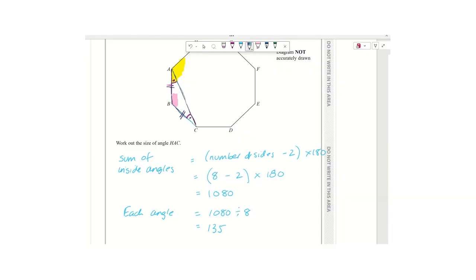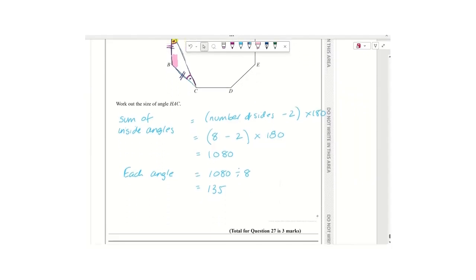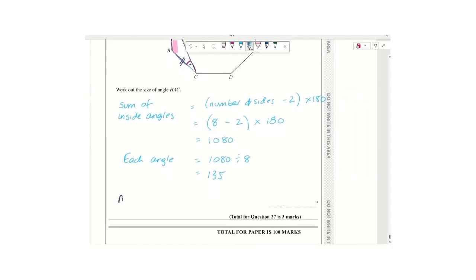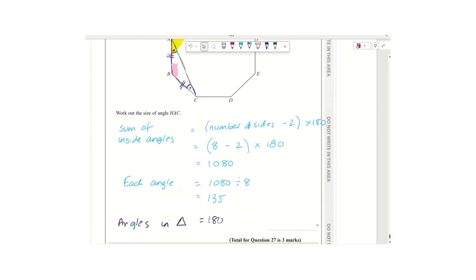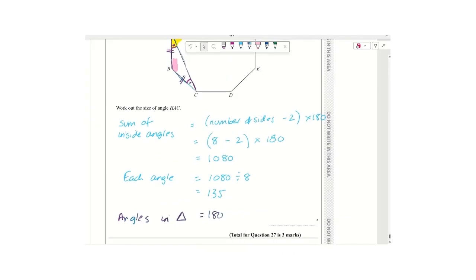Now, we know that the angles in a triangle add to 180. And in that little triangle that we've just drawn, we know that the pink bit is 135.